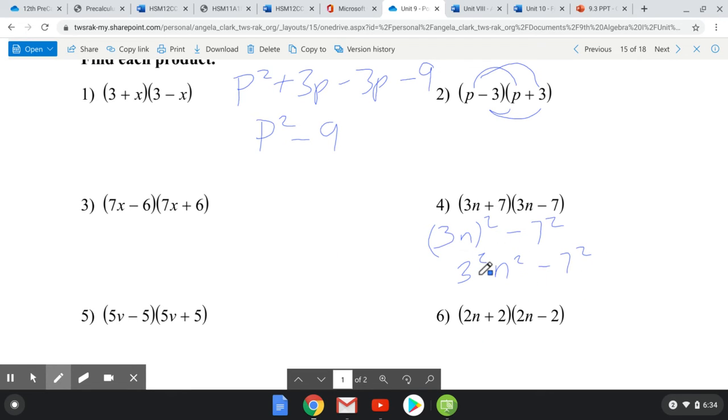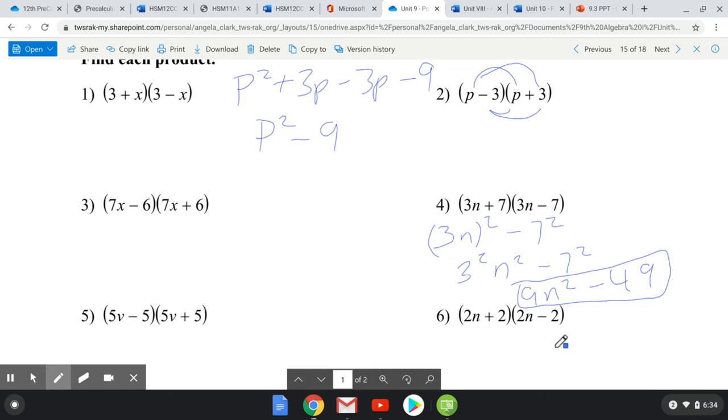I'm just being very specific and showing what's happening here. So we have 9n, nope, I mean, we do have 9n, but that's not what I wrote. We have 9n squared minus 49. And that's our final answer.